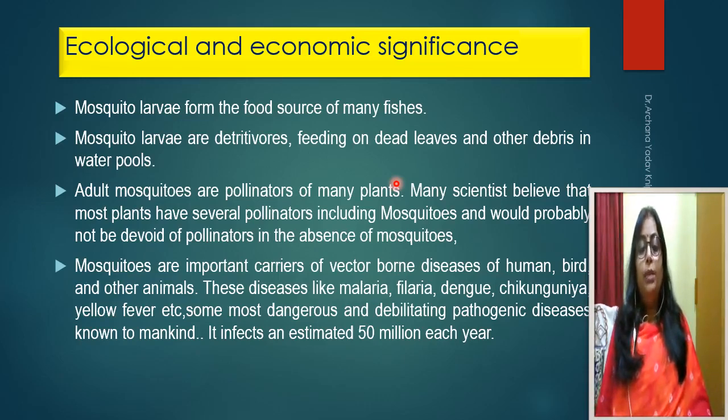Adult mosquitoes are pollinators of many plants. Many scientists believe that many plants have several pollinators, including mosquitoes, and they would probably not be devoid of pollinators in the absence of mosquitoes.